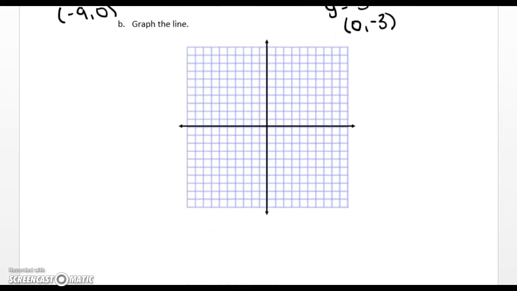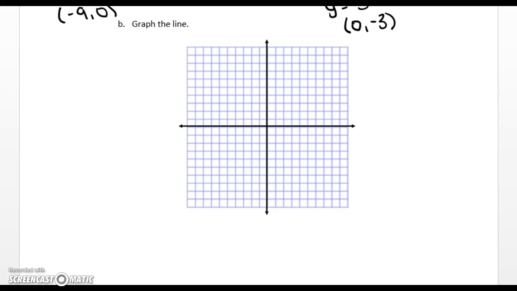Now we're going to graph the line of the equation that we just looked at. Normally you would create a table of values, but we've already found 2 points on that graph, so we actually have enough information to graph. One little caution I might hint for your homework and assignments is that you might want to do a table of values for another point.